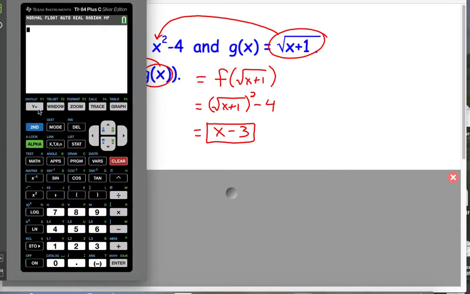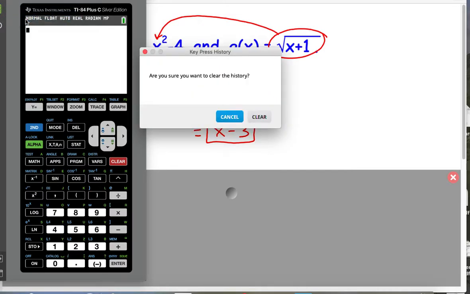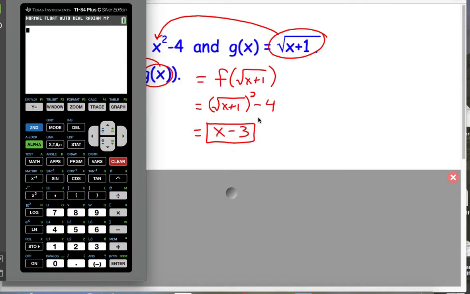So I'm going to go into y equals, my calculator's being stubborn on me.